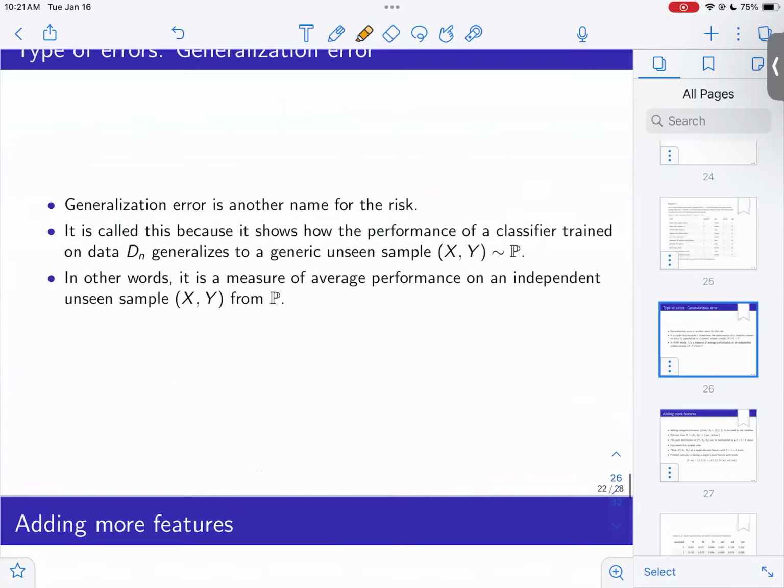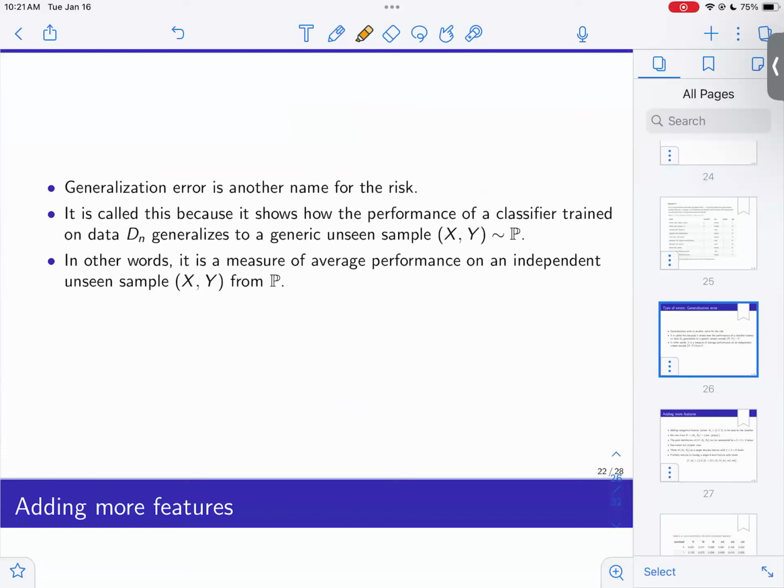Generalization error is another name for the risk or the population quantity that we look at. So that's P of f(x) not equal to y. The test error is really an estimate of the risk, as the statistician would call it. Machine learning people usually call it generalization error, because we want to say how the performance generalizes to unseen data.